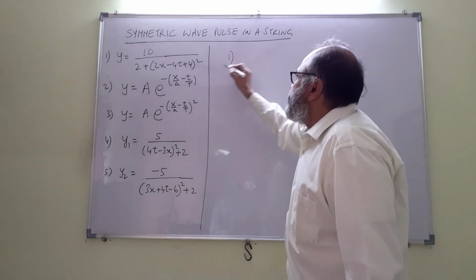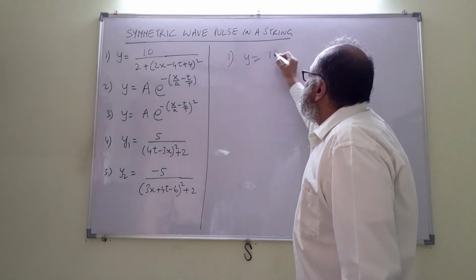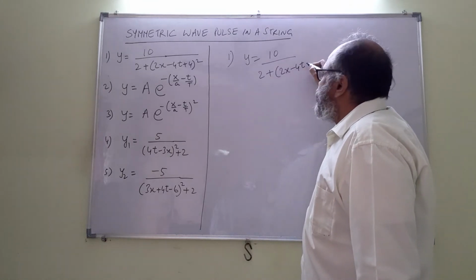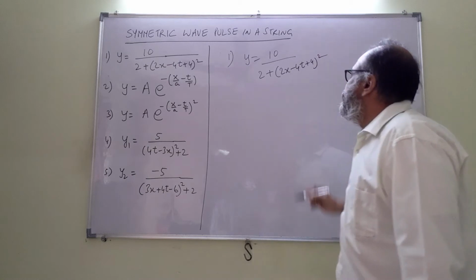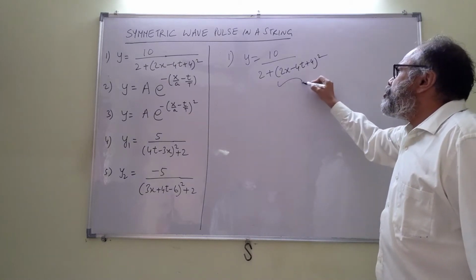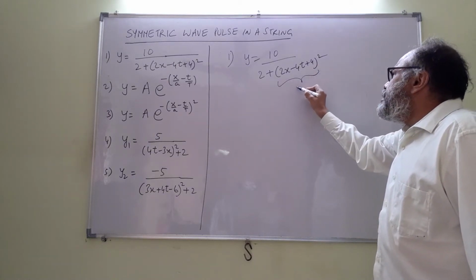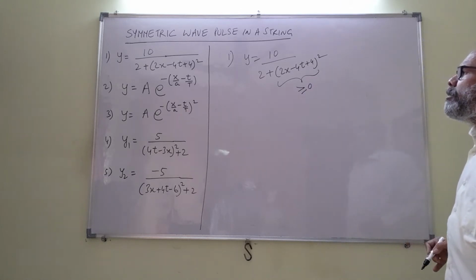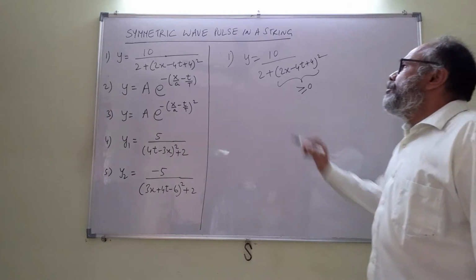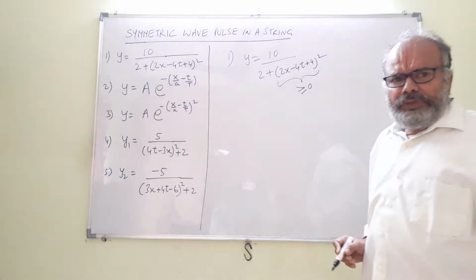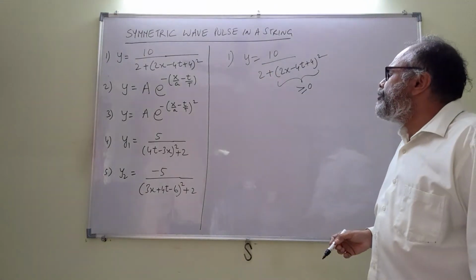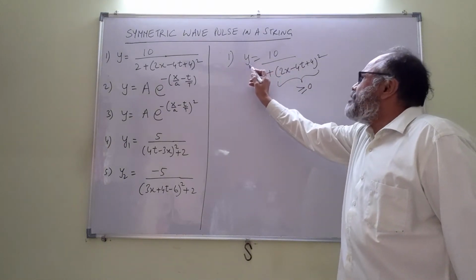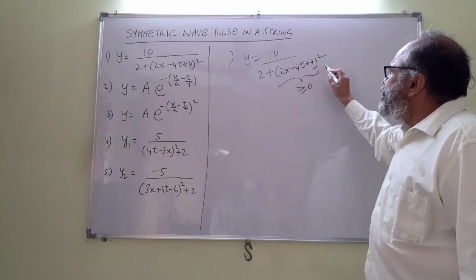Now if you take the first example, y is equal to 10 by 2 plus 2x minus 4t plus 4 the whole square. Now you must note that this quantity can be greater than 0 or equal to 0. Right? So now the vertical displacement of the string will be maximum when this quantity is minimum.